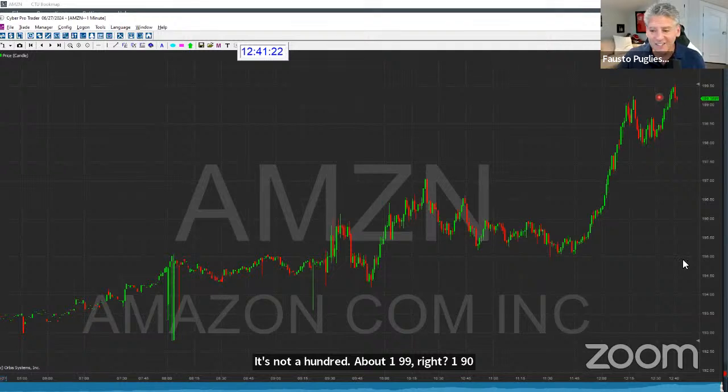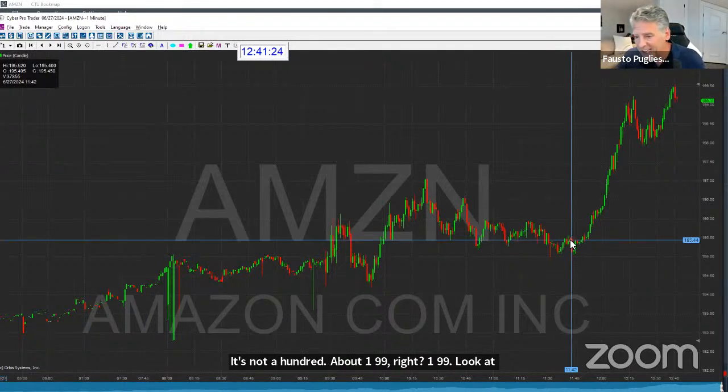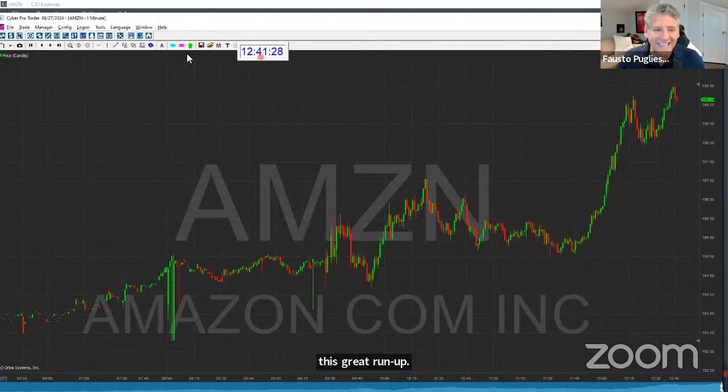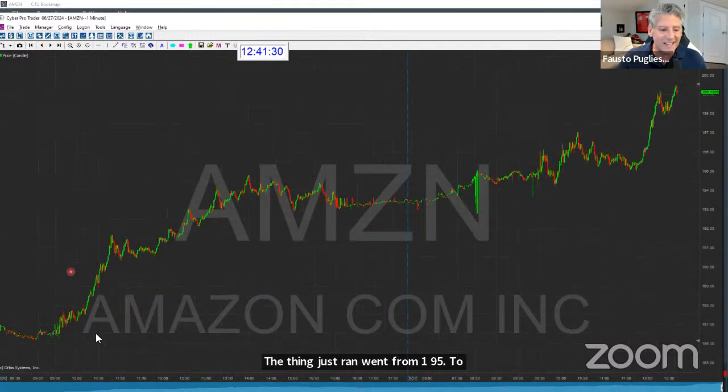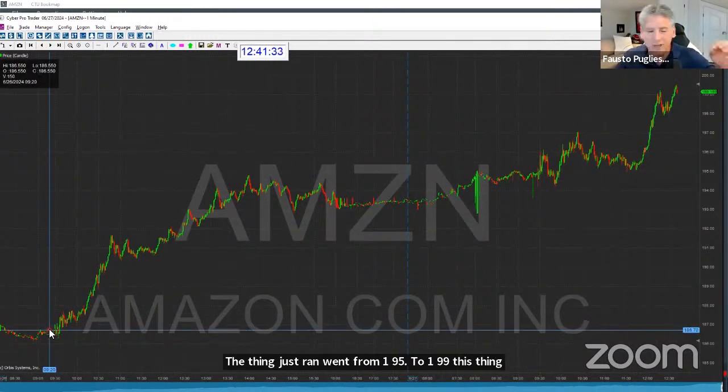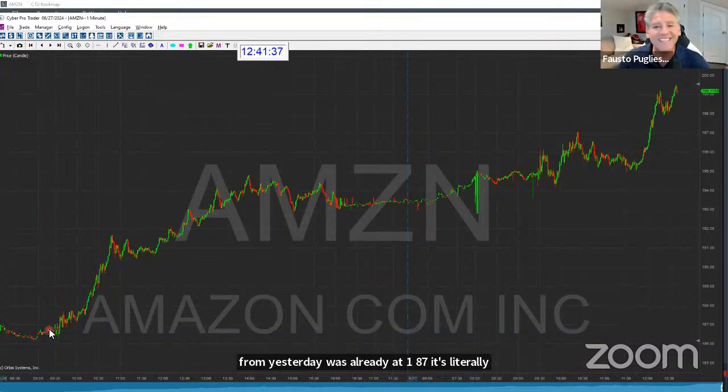Look at this great run up. The thing just went from 195 to 199. From yesterday it was already at 187. It's literally almost run $15. So the thing is this: when is it going to stop? Is it going to continue to go higher?